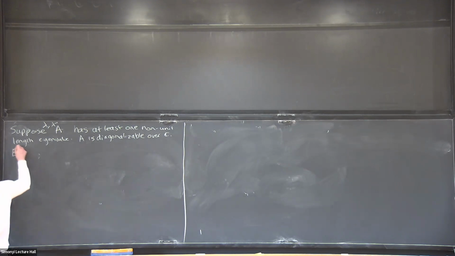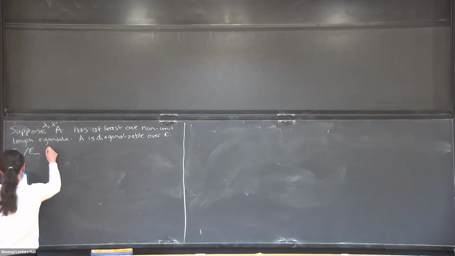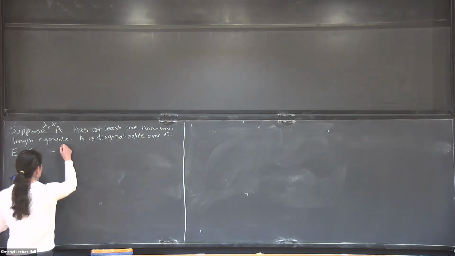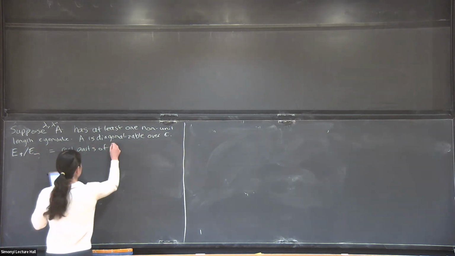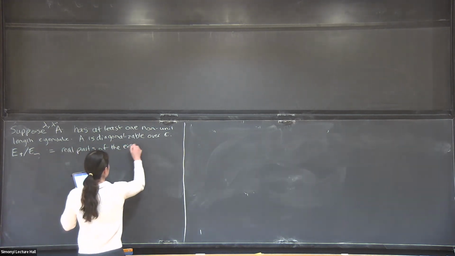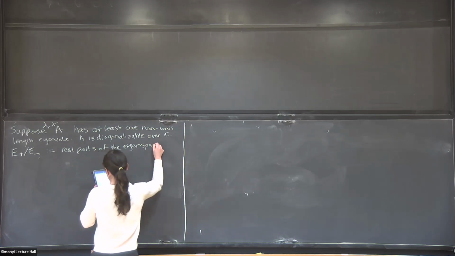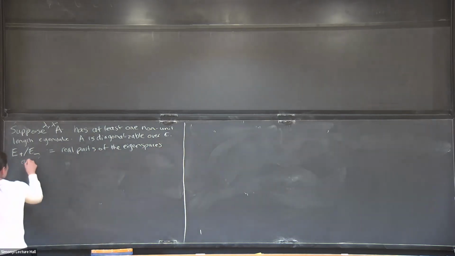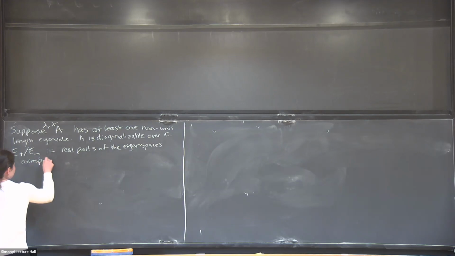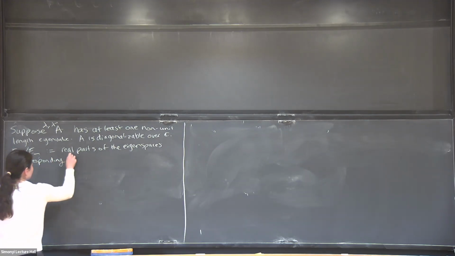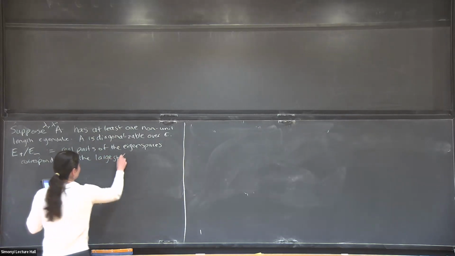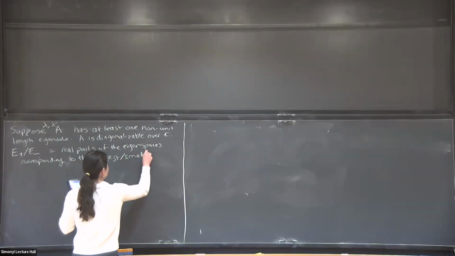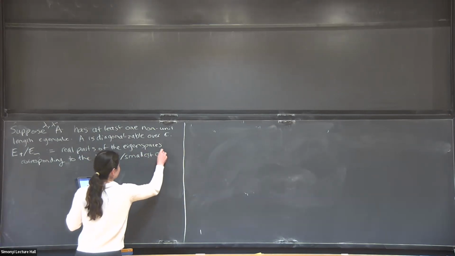And then finally, I'm going to let E plus and E minus be the real parts of the eigenspaces corresponding to the largest eigenvalues for E plus, or the smallest eigenvalues for E minus.